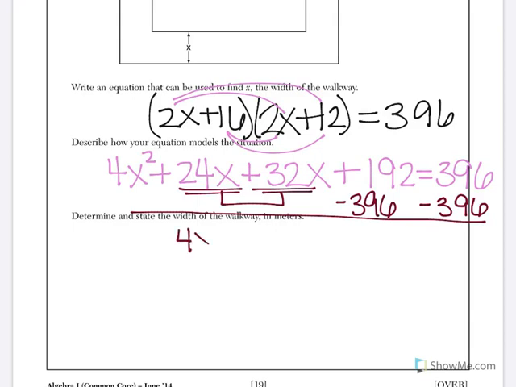So I should end up with the next step 4x squared plus 56x minus 204 equals 0.